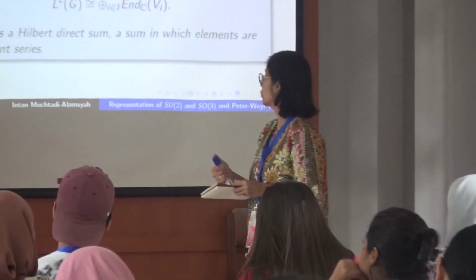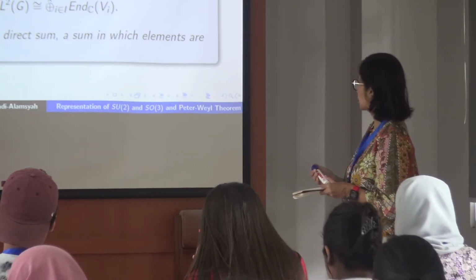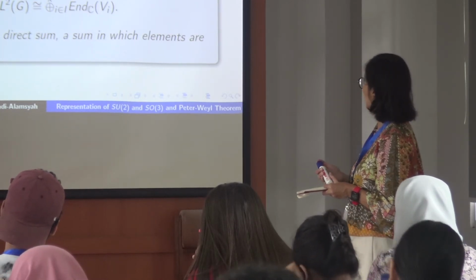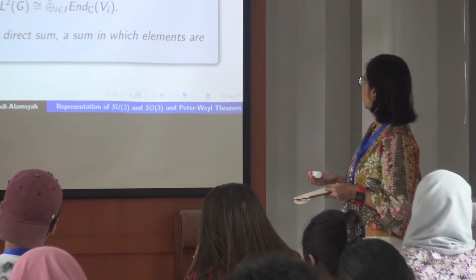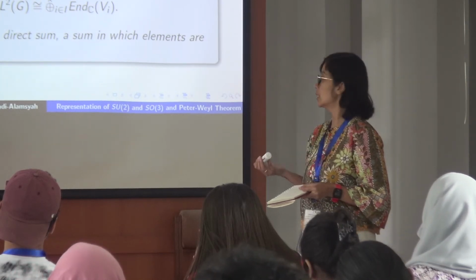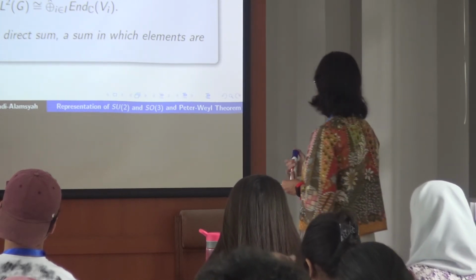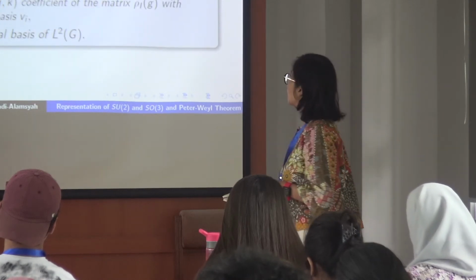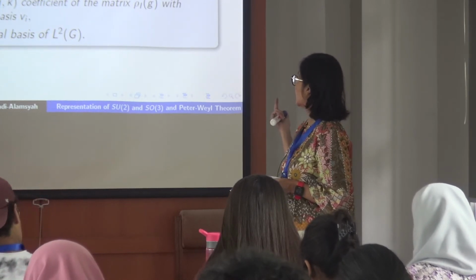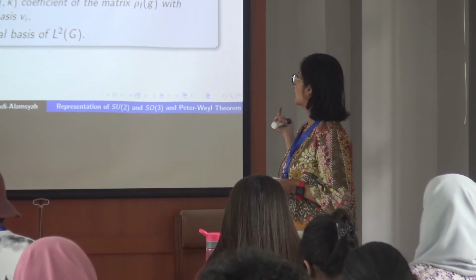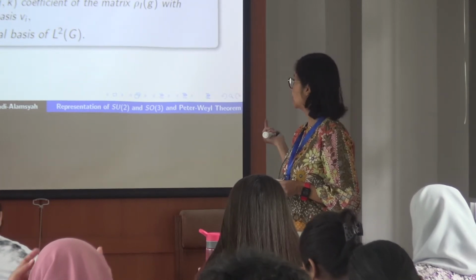In this theorem, we will give an isomorphism between L2G and the completion of the direct sum of endomorphisms of Vi, where Vi is a set of representatives of the isomorphism classes of irreducible finite dimensional representations of G. So we will show that by showing that given this square root of dimension Vi times this function Fijk form an orthonormal basis of L2G.